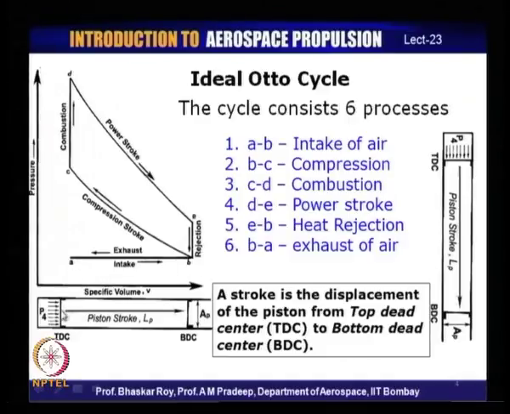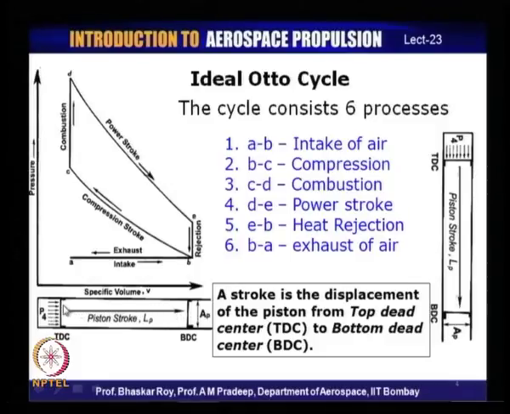Now, when the air is inhaled, that is the process from A to B, the piston actually moves downwards over here, and this entire space is opened up. So, air from one of the ports comes in and fills up this entire space, and then the process of compression starts from B all the way to C. Then the piston head, as it is called, moves from BDC towards TDC.